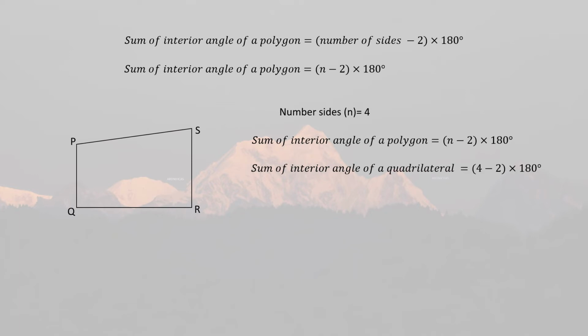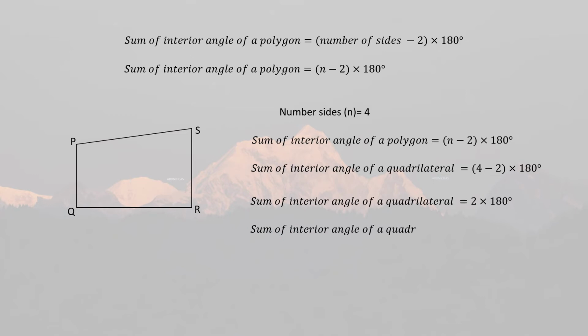So it becomes (4 minus 2) times 180 degrees. And we know that 4 minus 2 is 2, and 2 times 180 degrees is 360 degrees. So if you have been given the number of sides for any polygon, then we can easily find out the total angle for its interior portion.